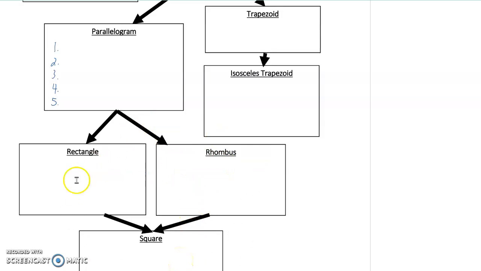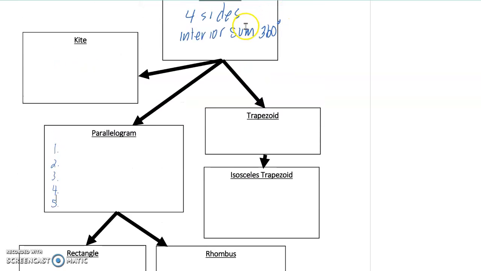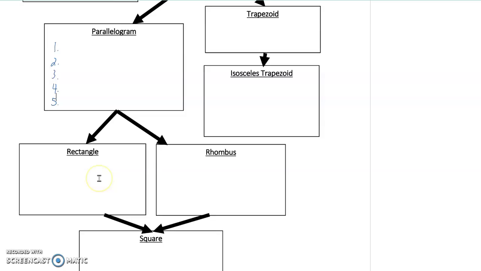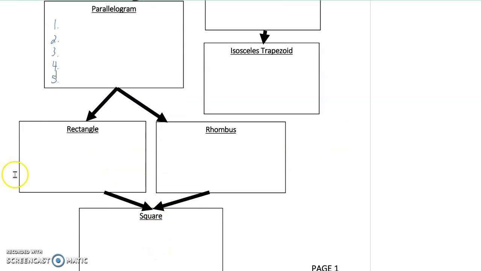Every one of these shapes is a parallelogram. So if I ask you about a rectangle, it automatically has 5 properties and 2 more. It has 4 sides and an interior sum. So these properties, rhombus and rectangle, get harder because they automatically have 5 properties and something else.